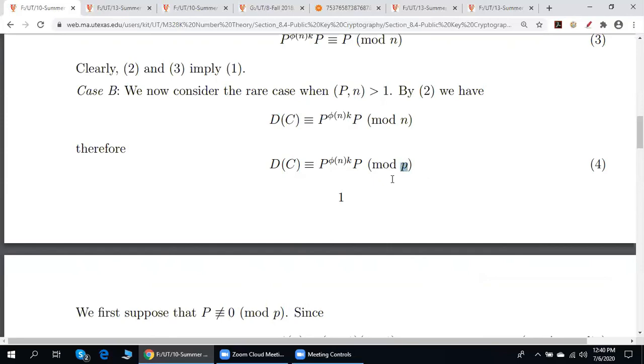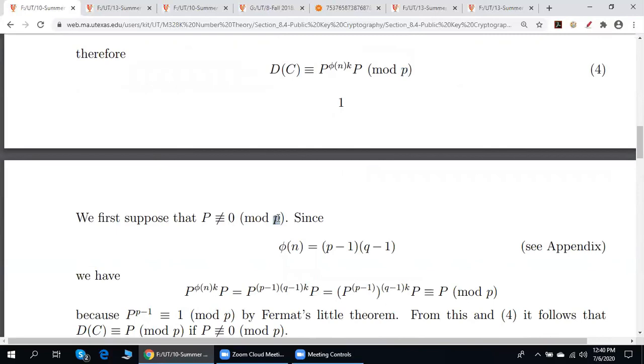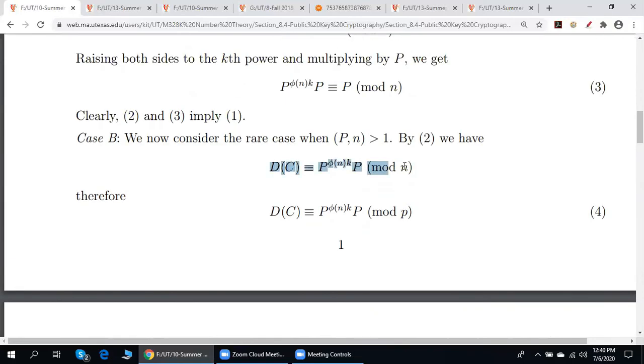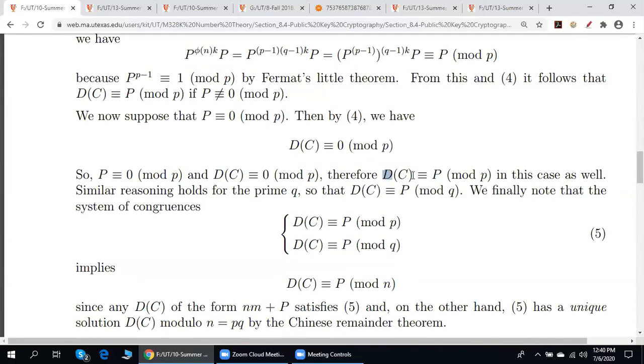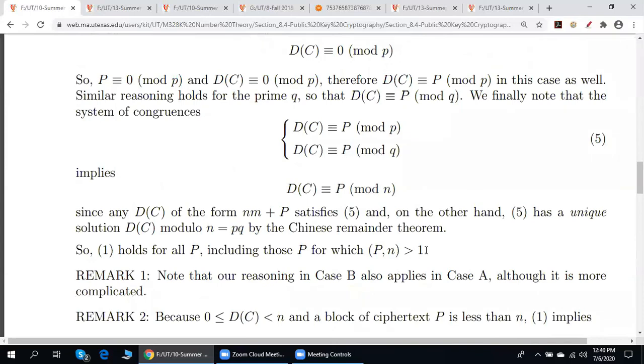If here we have q, here we have q, here we have q, and so on. So, if we start from this, we prove two things. This modulo p and this modulo q. It's exactly what is written here. Here is what we do next.